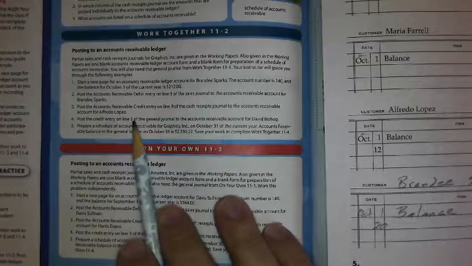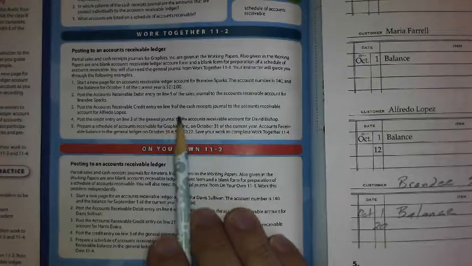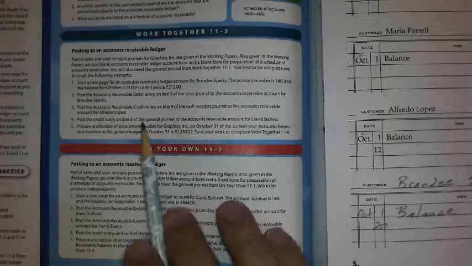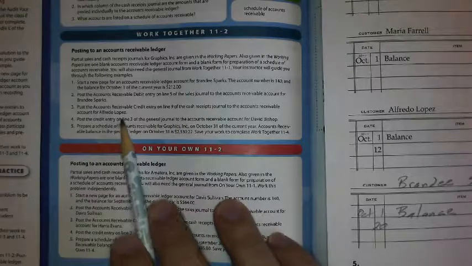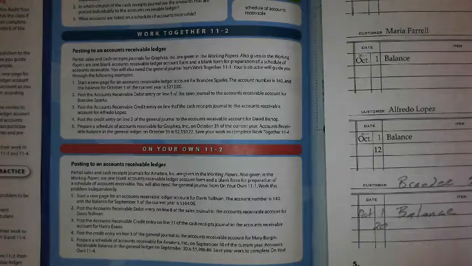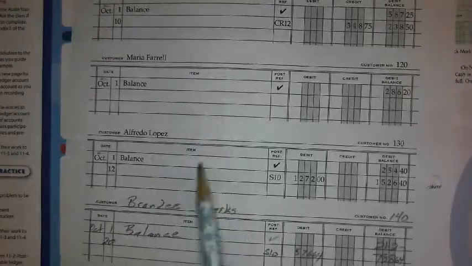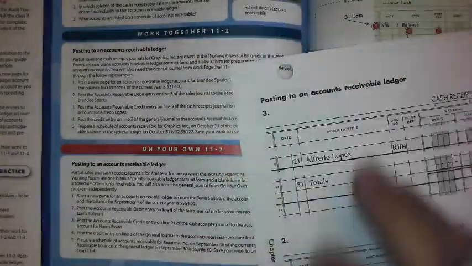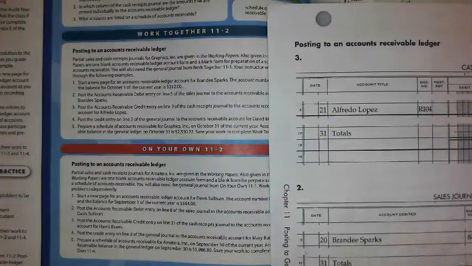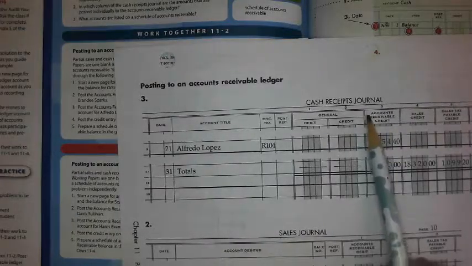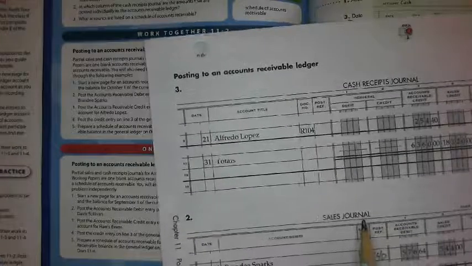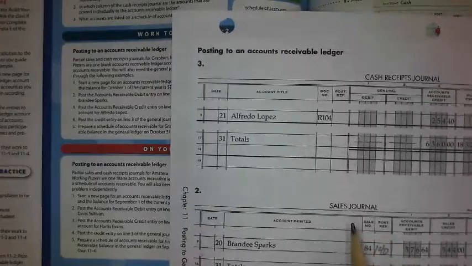So number 3, post the accounts receivable credit from line 9 of the cash receipts journal to the AR account for Alfredo Lopez. So we see we got Alfredo Lopez here. I'll turn this over, and we have a cash receipts journal.